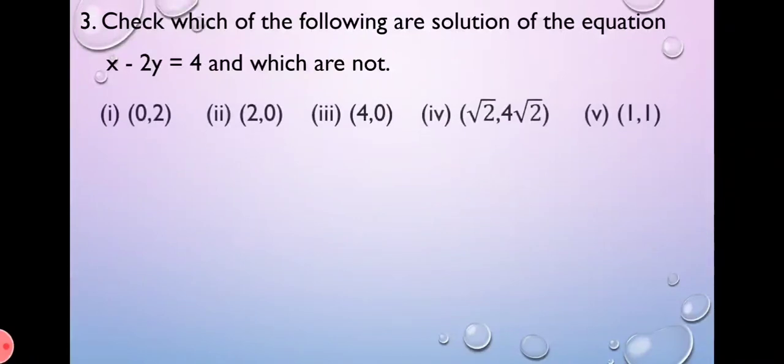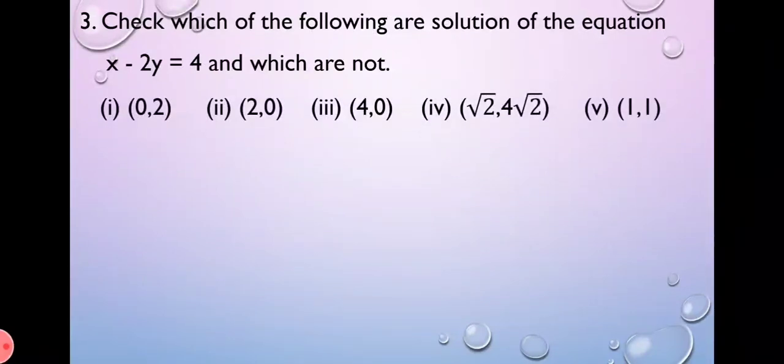The pairs are given as (0, 2), (2, 0), (4, 0), (root 2, 4 root 2), and (1, 1). Let's take the first pair, that is (0, 2).